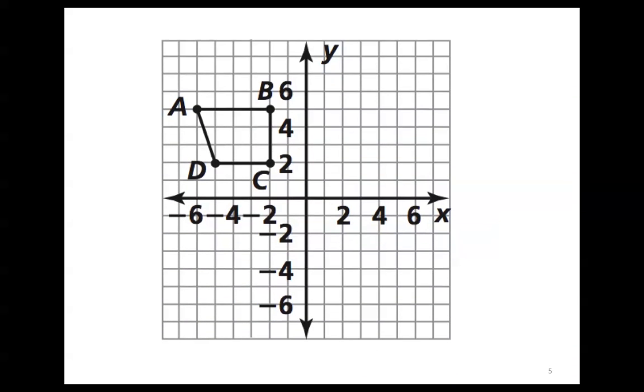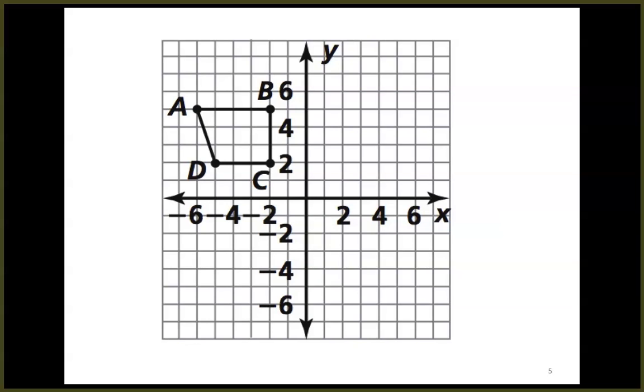Now, let's take a look at a reflection in the coordinate plane. If you actually were going to reflect this trapezoid, you could reflect it across the x-axis. You could reflect it across the y-axis. Let's try reflecting it across the x-axis.